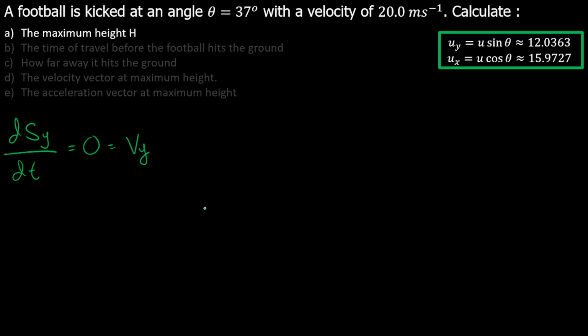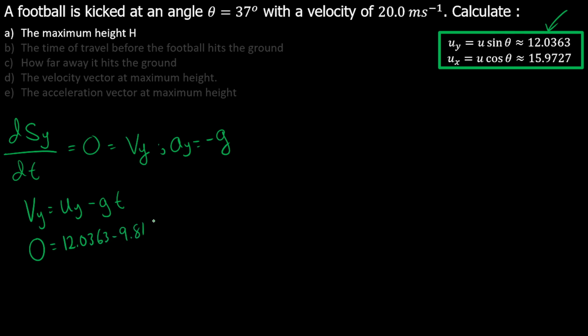We can refer back to our velocity equation for y, which is vy equals uy minus gt, because the assumption here is that ay is just negative g. Once we have that, we can rearrange and substitute. We have uy, which is 12.0363, minus 9.81 t.